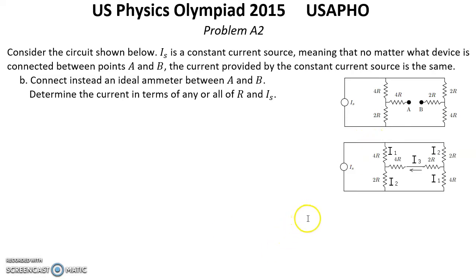Due to symmetry, we have current I1 going through the resistor 4R in the upper left corner and in the lower right corner, and current I2 going through the resistor 2R in the upper right corner and the lower left corner. And suppose that current I3 is going to the left.